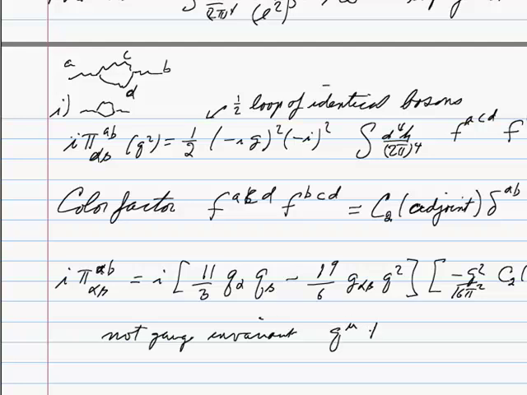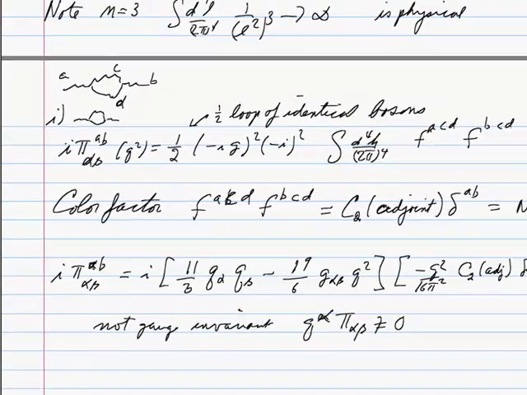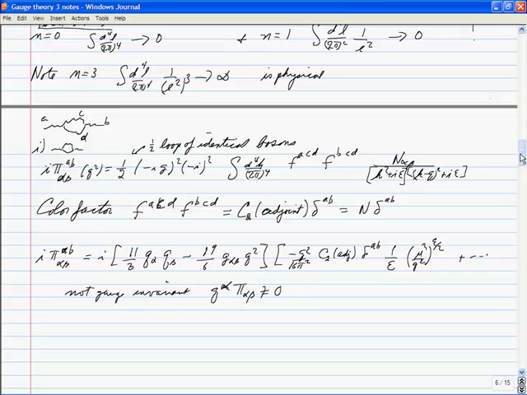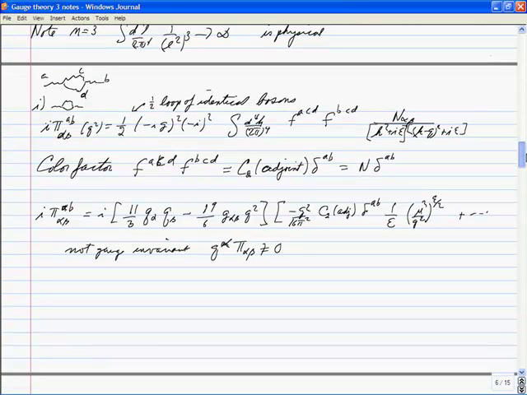Which is q alpha pi alpha beta is not equal to 0. So that's an indication that we've got some unphysical stuff in those loops. The physical stuff had better be gauge invariant. The ghosts, of course, are going to correct that.